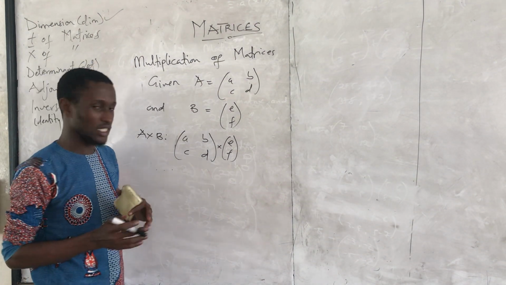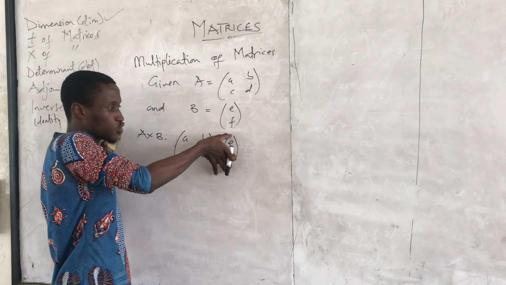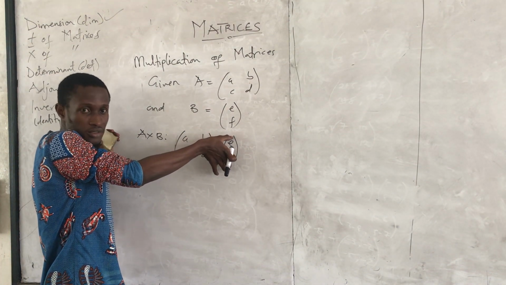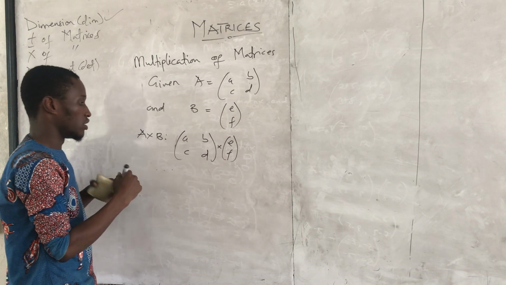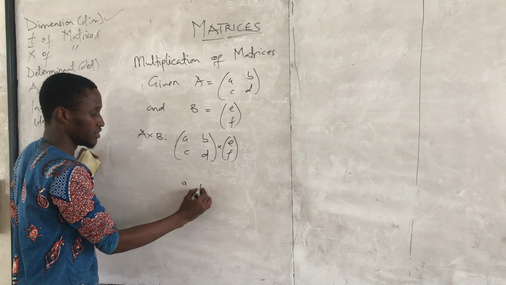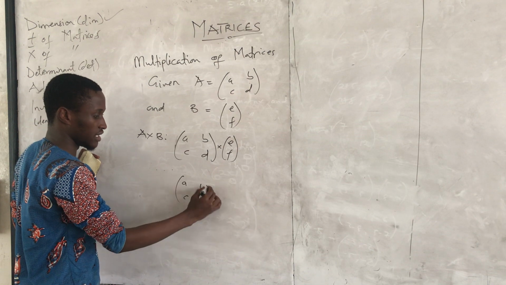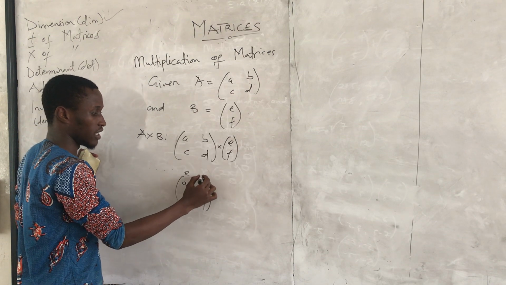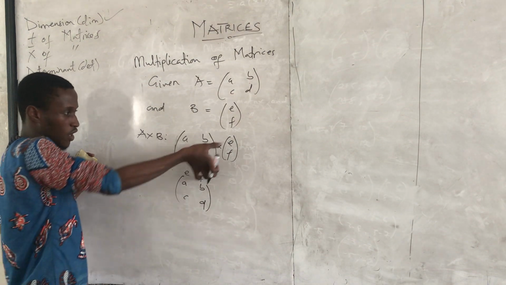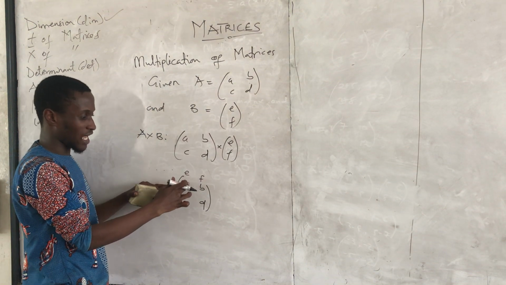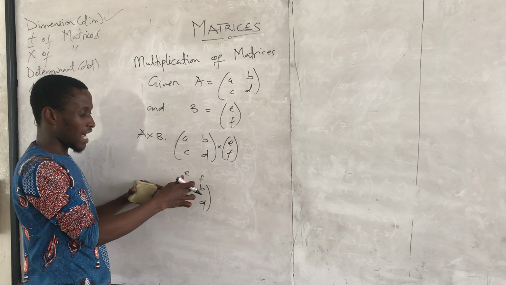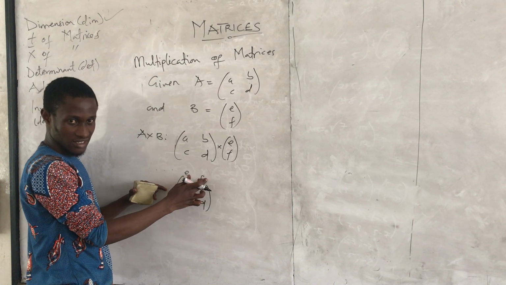What we do with the multiplication is that we will take this column, this is a column, and then we'll multiply with this. So it's like A, B, C, D. What I'm saying is that I'll write it as E and F. So I'll take it and turn it like this, so I'll have E and F. So this will multiply this, and it will add to this times this.